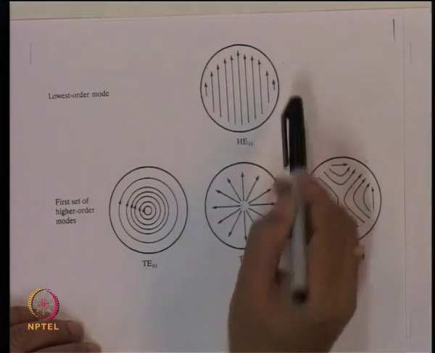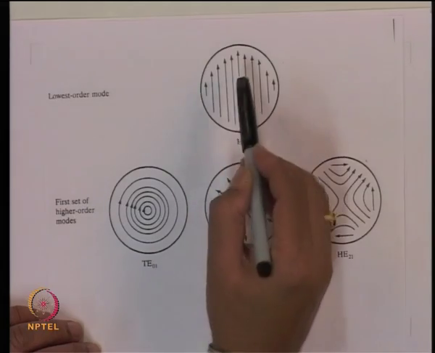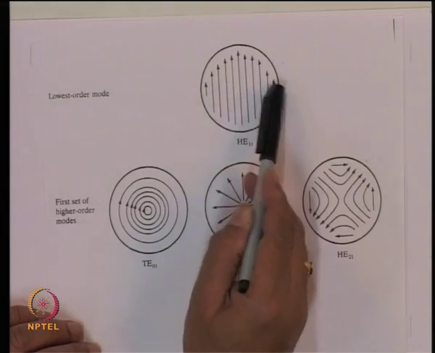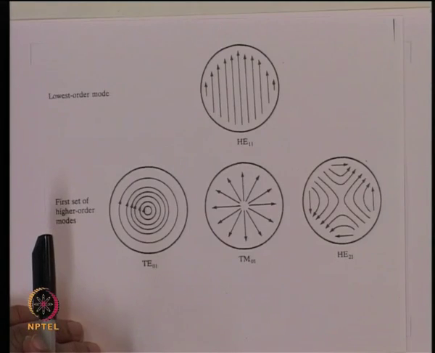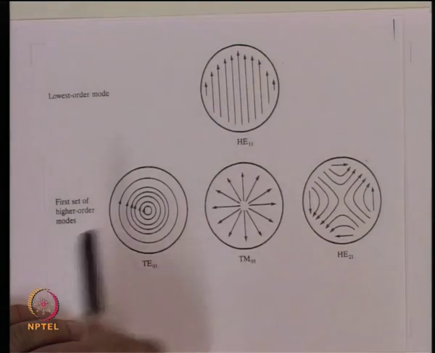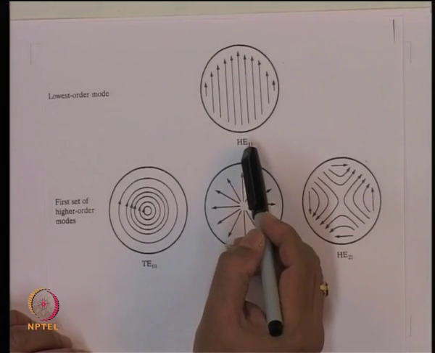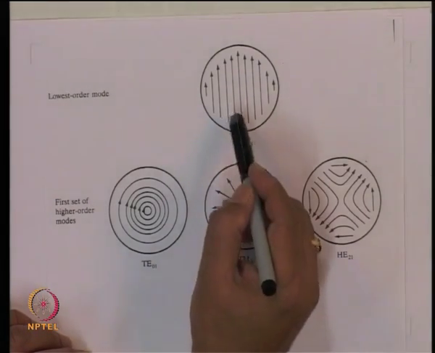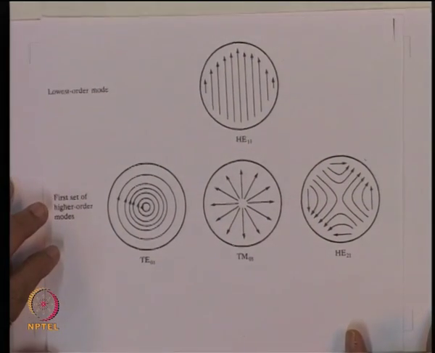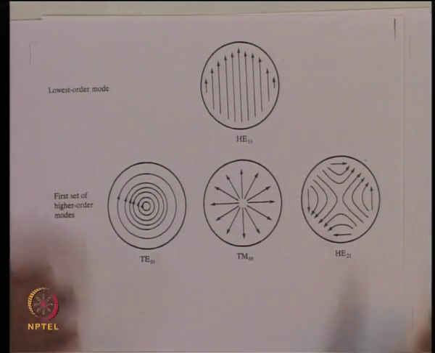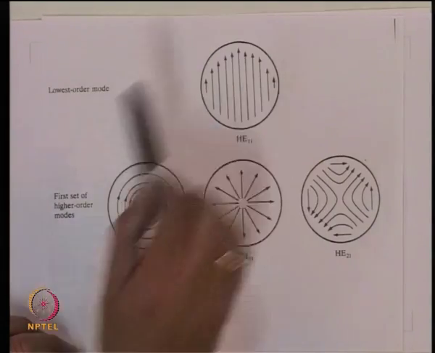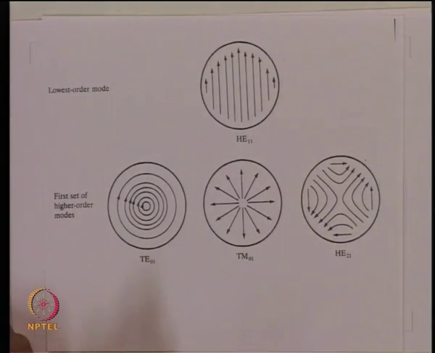So, that is very clear here. The second index is 1, the field is decreasing from the center to the edge, but no zero is crossed here. How do you see the first index? HE1 means there is a 1 cycle variation here. If I look at the field components, consider any field component. Let us say I consider the R component, E_R.